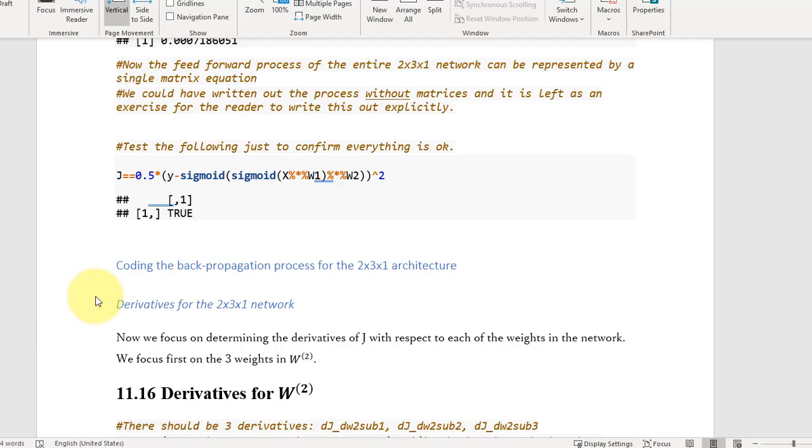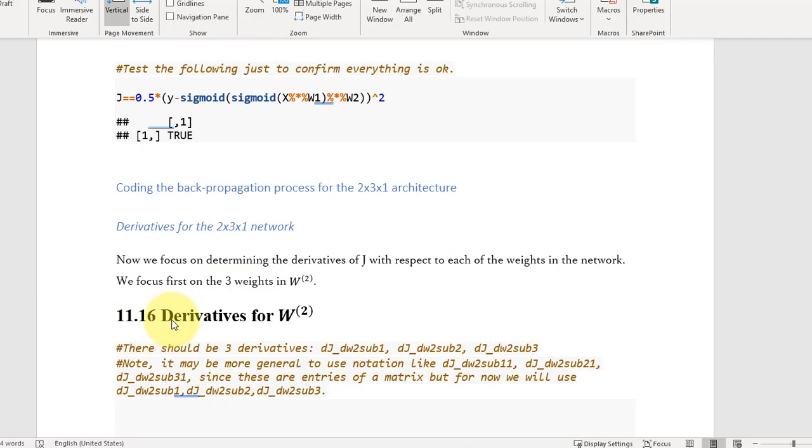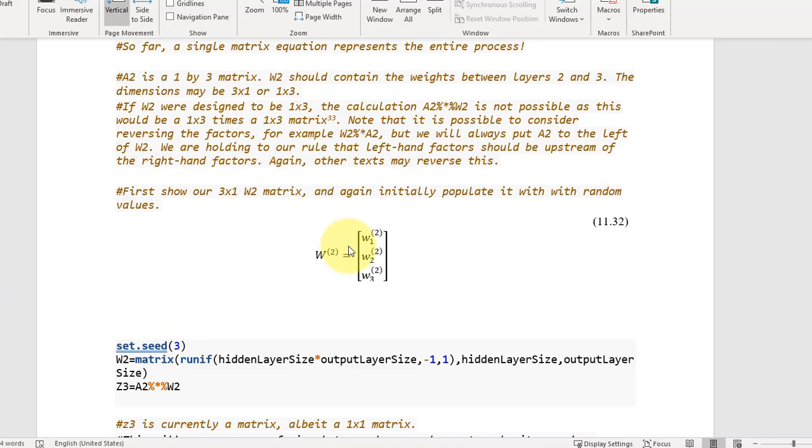Okay, so next we need to do the back propagation, and that's where we're going to need the derivatives. Just as before, back propagation depends on the derivative of J with respect to all of the weights, so that we know how to adjust all of the weights. We're going to need the derivative of J with respect to this weight. This is in the second set of weights, right? This is W2.